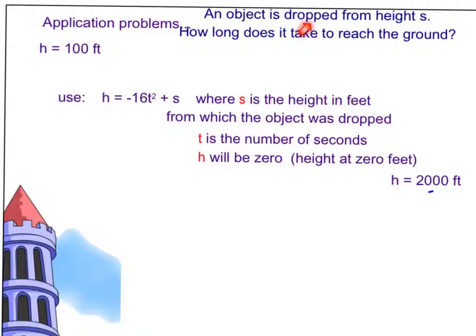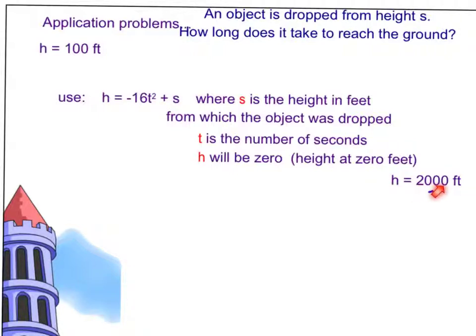In this case, we want to know how long it will take to get to 0, dropped from a height s of 2,000 feet. The tricky part is it says h is 2,000 feet, but really that's the height at the beginning. The height at the beginning is s.